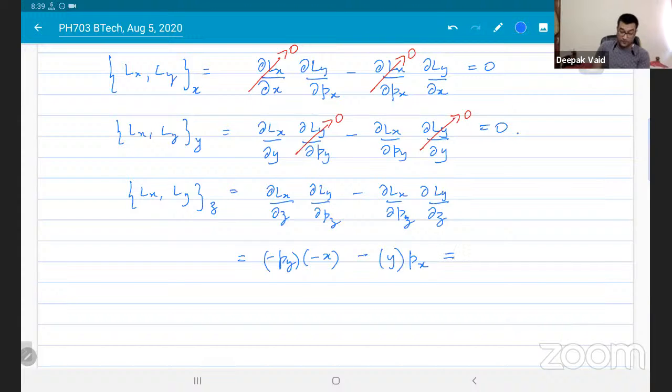So what is this? This is equal to xpy minus ypx, right? But now we recognize this to be equal to Lz.